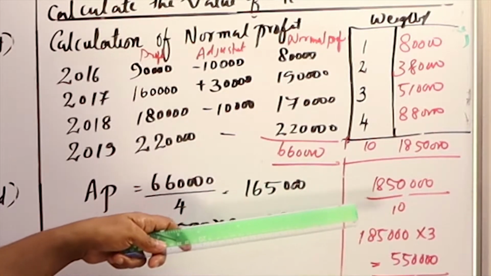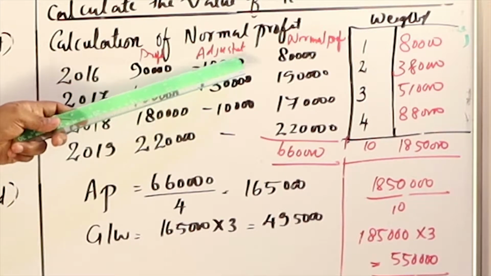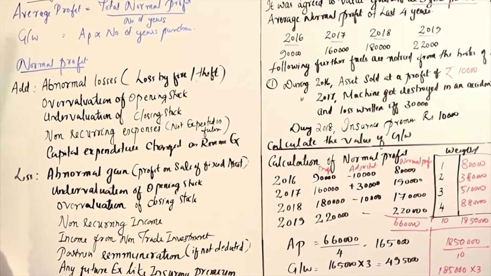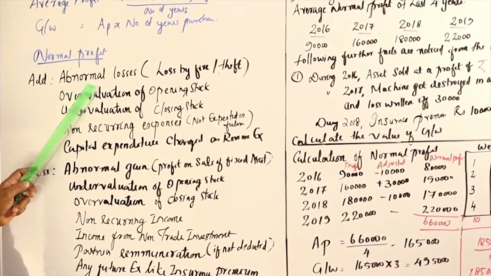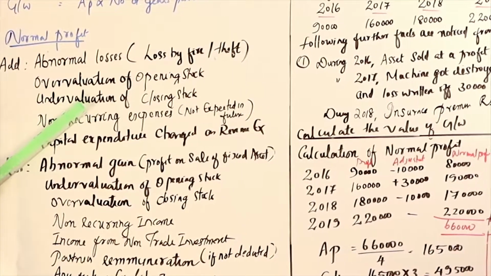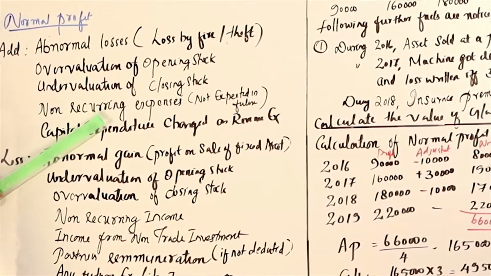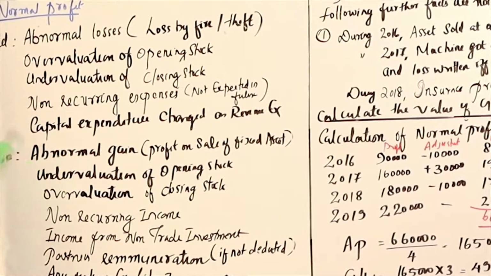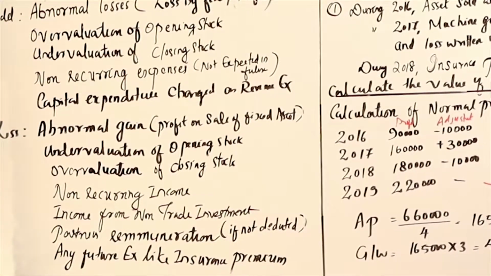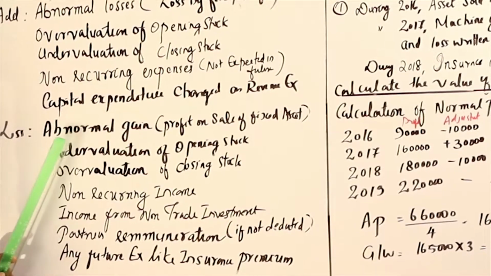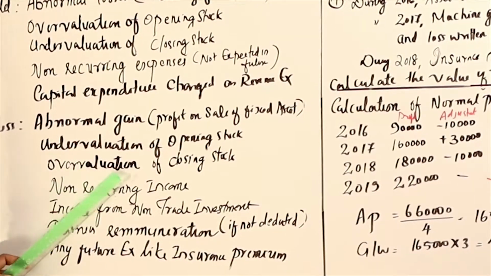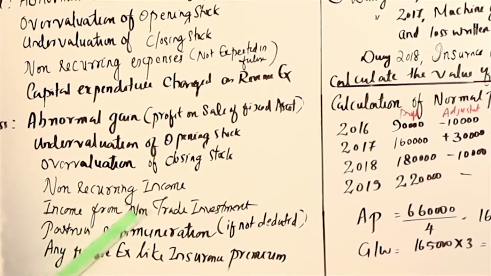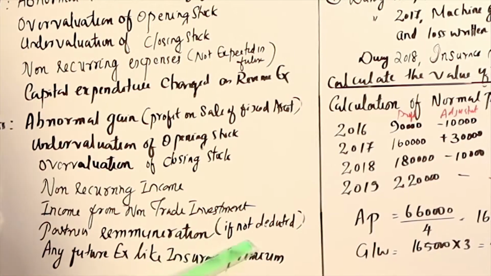This is very easy, but only in the adjustments we have to be careful, and you have to study these items well. Items to be added for making normal profit are abnormal losses, overvaluation of opening stock, undervaluation of closing stock, non-recurring expense, and capital expenditure charged as revenue expenditure. These items we have to subtract: abnormal gain, undervaluation of opening stock, overvaluation of closing stock, non-recurring income, income from non-trade investment, and partners' remuneration if it is not deducted.